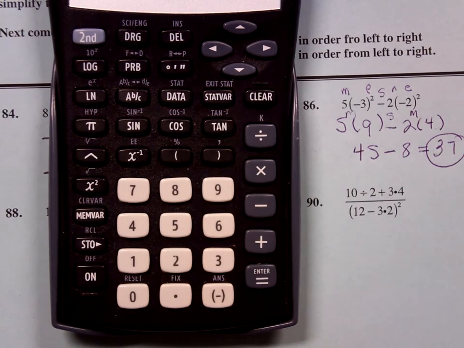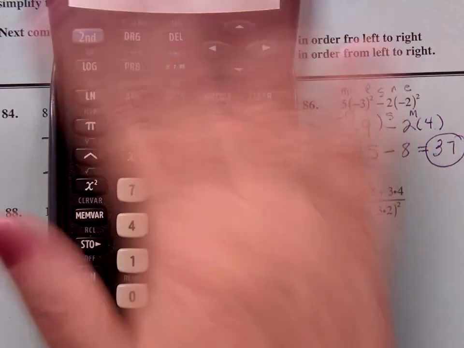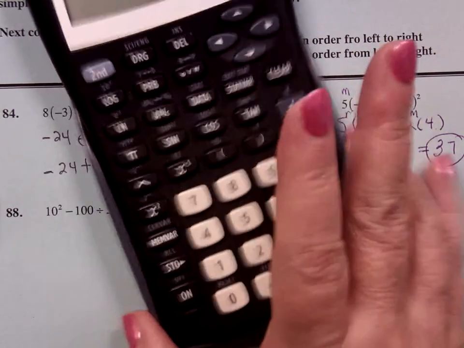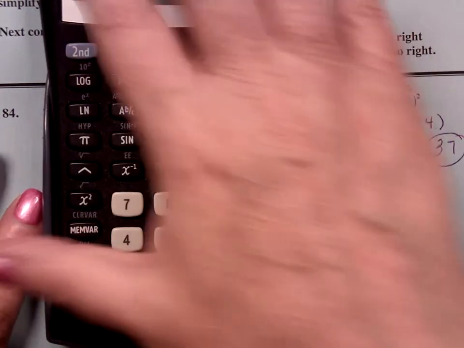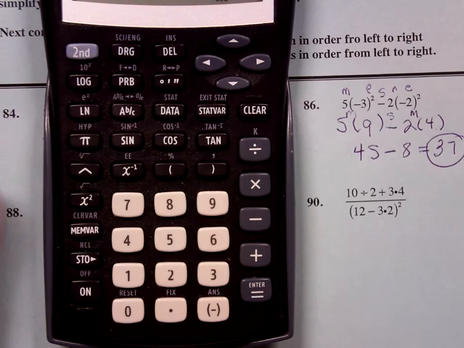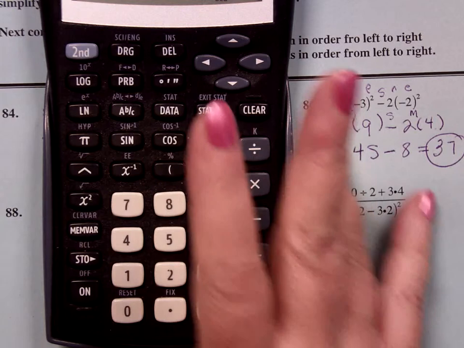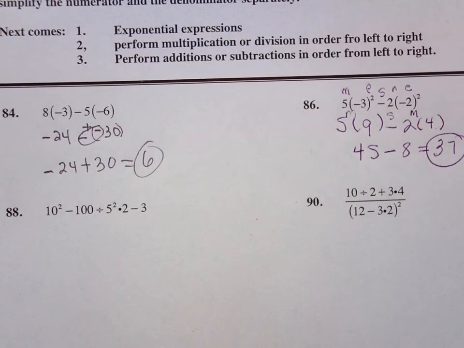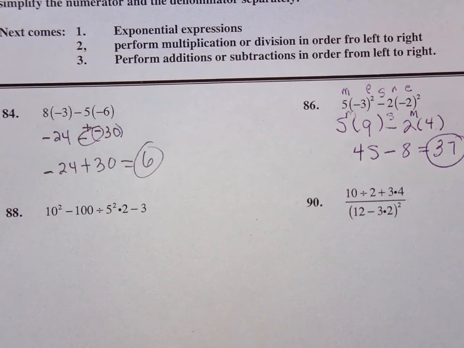Not the grapher per se, but some of their scientific calculators. So it depends upon what you're going to be using. But like I said, the face of this in terms of the screen works just like the grapher does. The only thing it doesn't do is graph. And of course this is only like $12 versus $100. Depending on which direction you go, eventually you probably will need a grapher somewhere along the line.